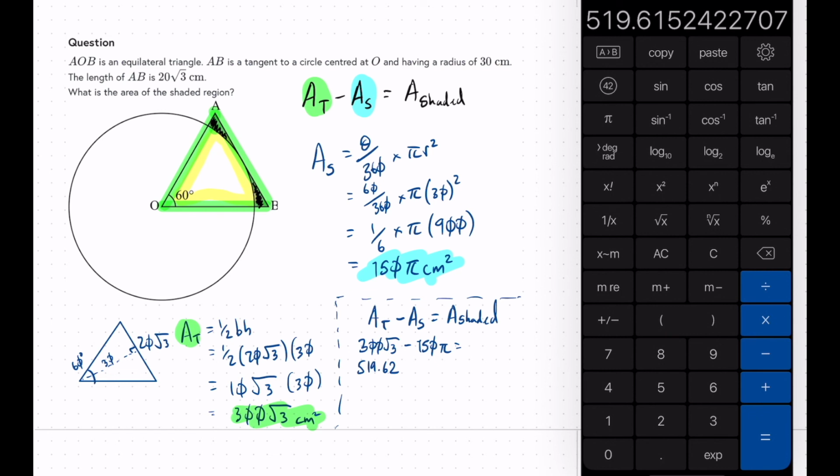And then I'm going to take away minus bracket 150 times pi close bracket. Right, that's what that is. 471.24 equals 48 point, and this is when I round completely at the end, 38 centimeters squared.